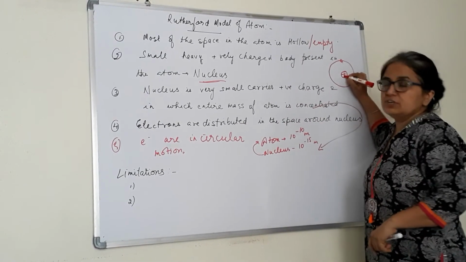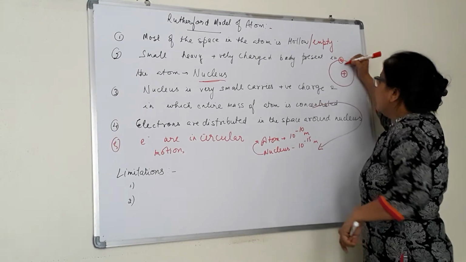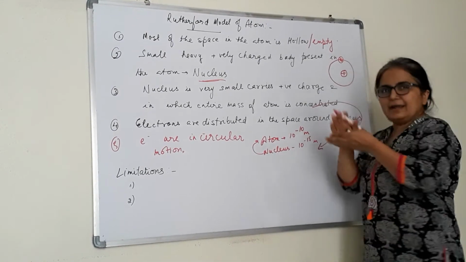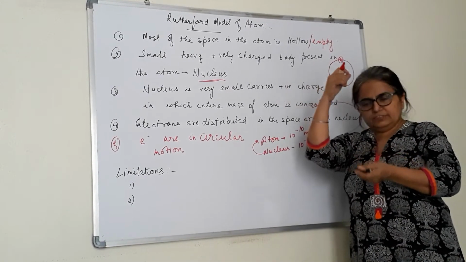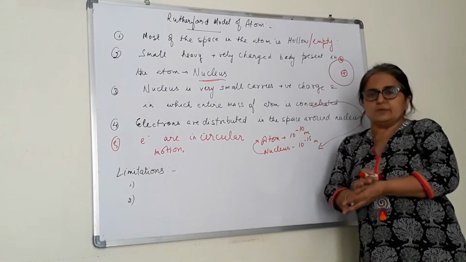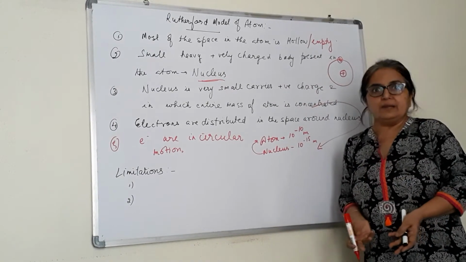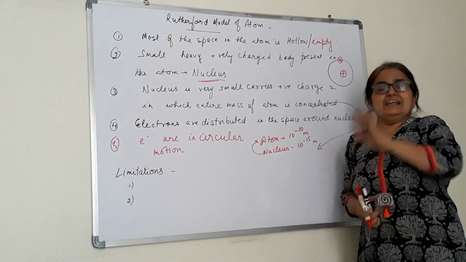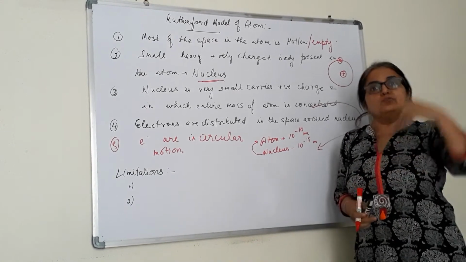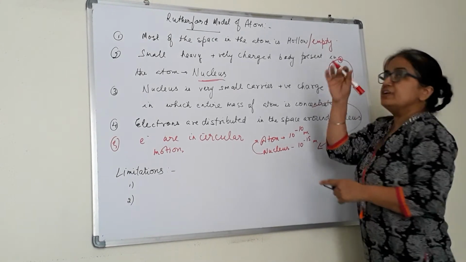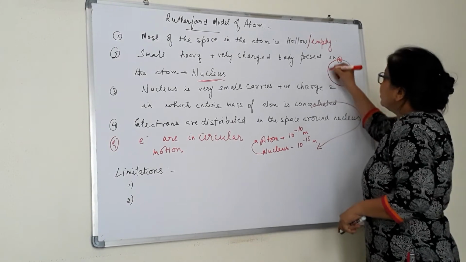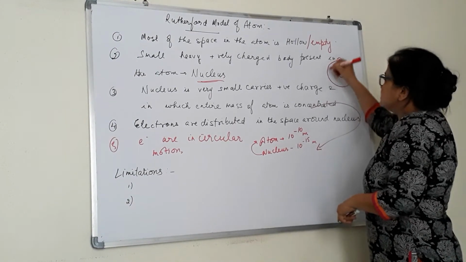The nucleus is positive charge. That means both should attract, and the electron should get attracted towards the positive, and the atom should not be stable. But he said that it is stable to some extent, because he could describe that the electron is moving in circular motion.